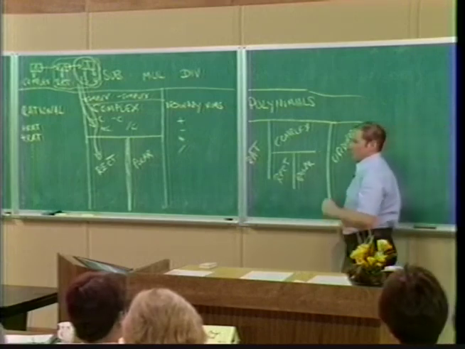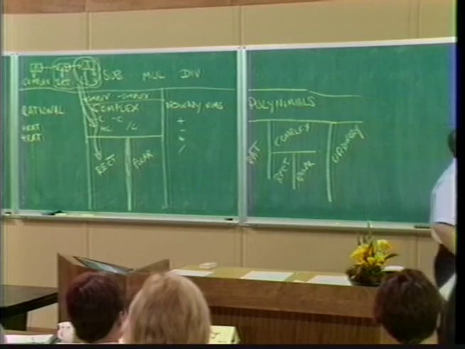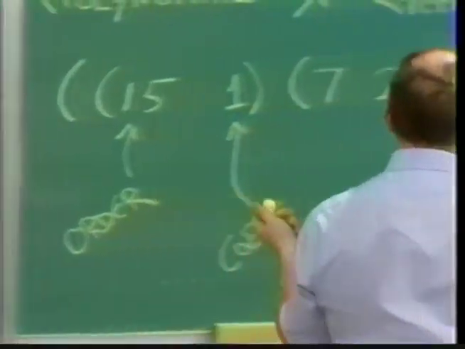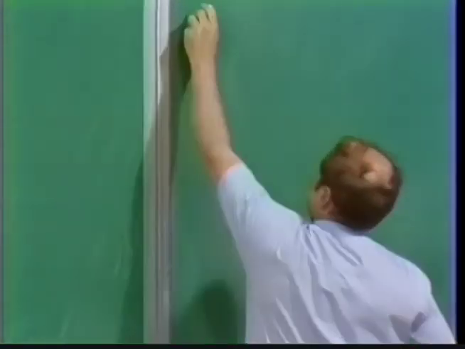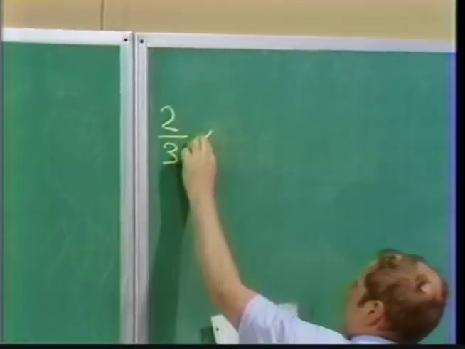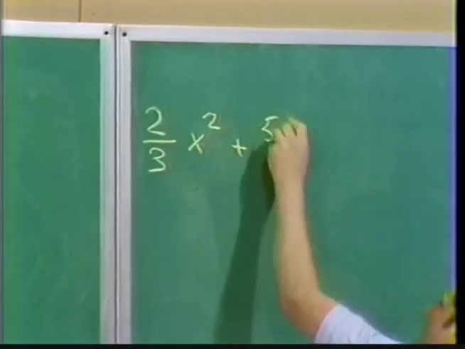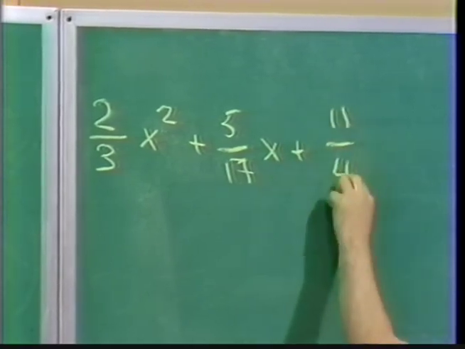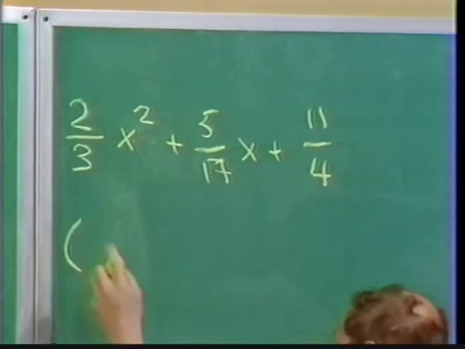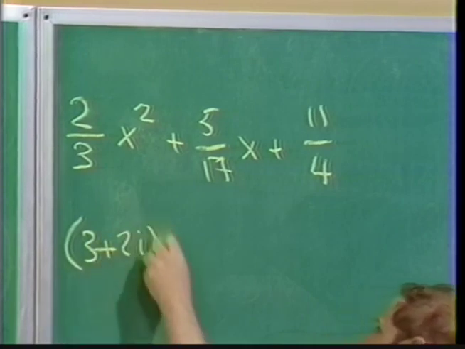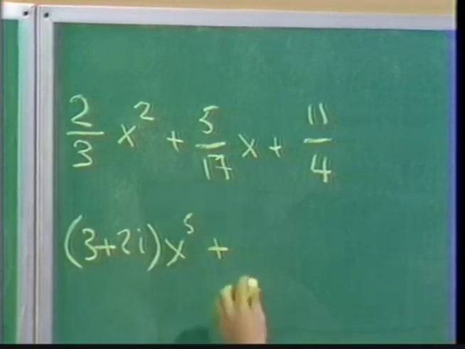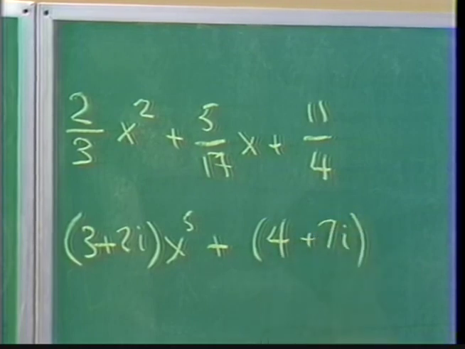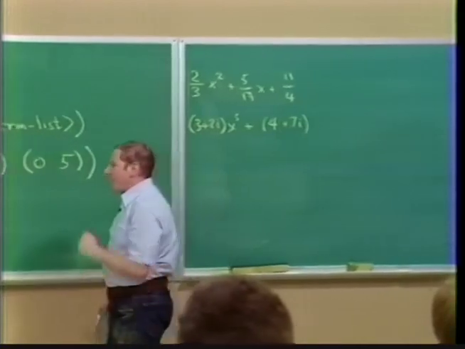So what I mean precisely is our system right now can automatically handle adding together polynomials that have this form, 2/3 x squared plus 5/17 x plus 11/4, or polynomials that look like (3 plus 2i) times x to the 5th plus (4 plus 7i), or something. It can automatically handle those things.